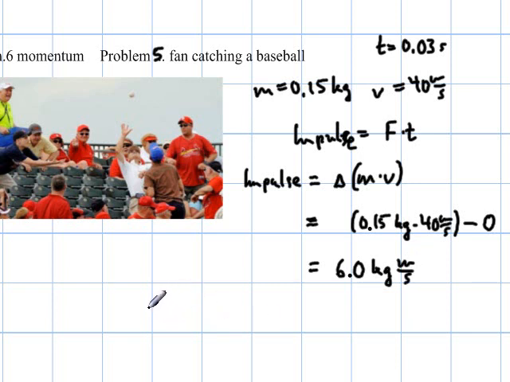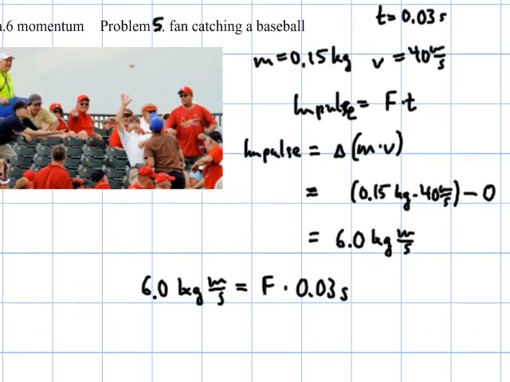Now we use that result, and we're going to do 6.0 kilograms meters per second equals the force times 0.03 seconds. And when we do that, I will do an algebra step.